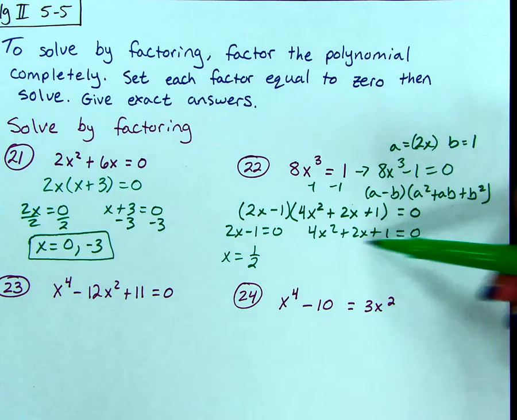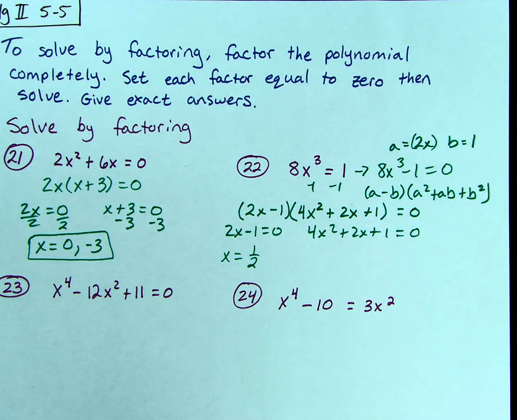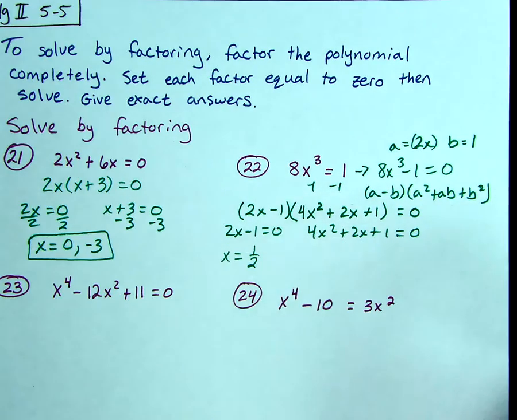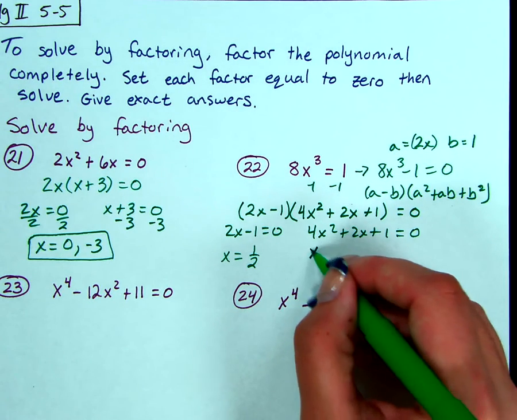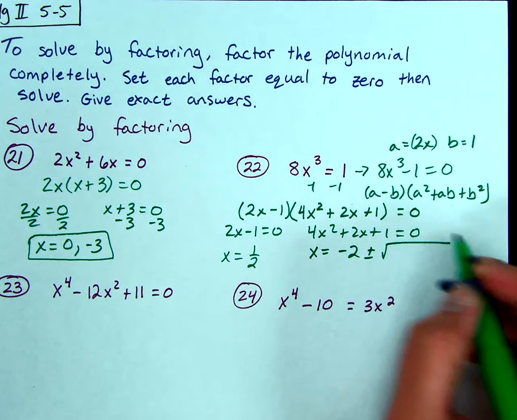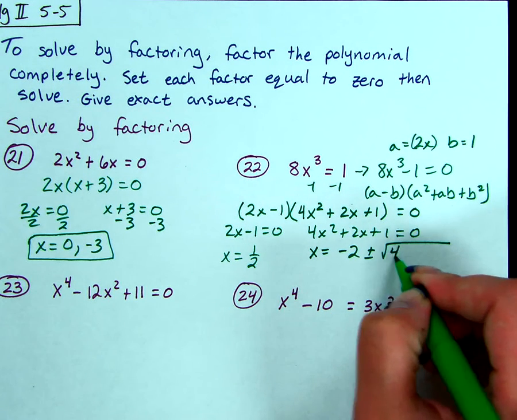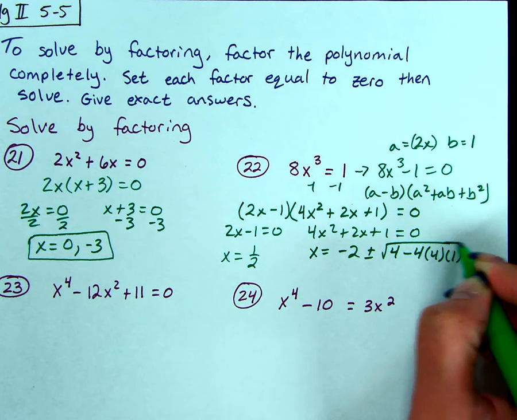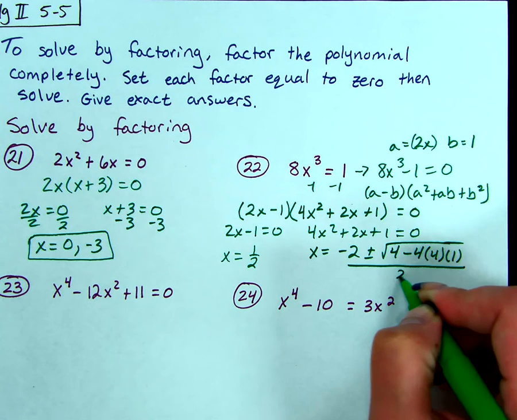Now on this one, since it's prime, the only way to solve it is either by completing the square or the quadratic formula. And because we have the number in front of the square term, I'm going to choose to use the quadratic formula. So that is x equals negative 2 plus and minus the square root of 2 squared, so 4, minus 4 times a times c, all over 2 times a.